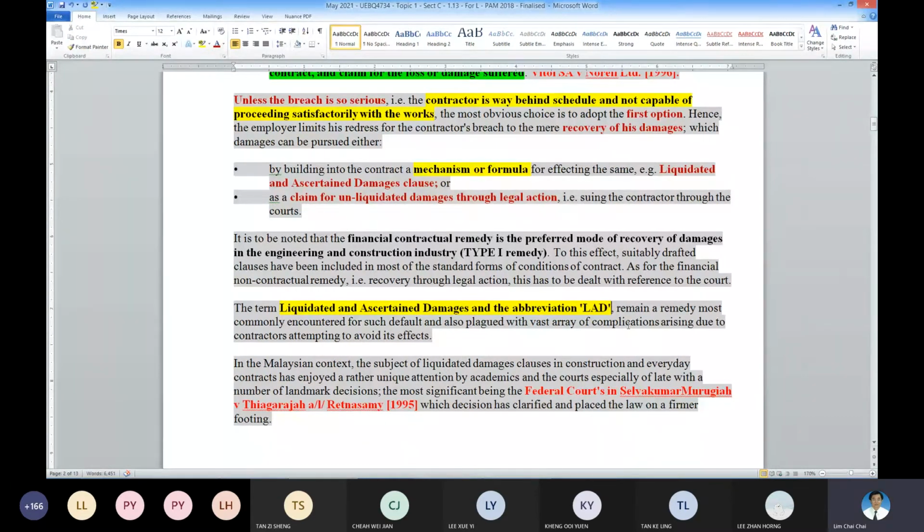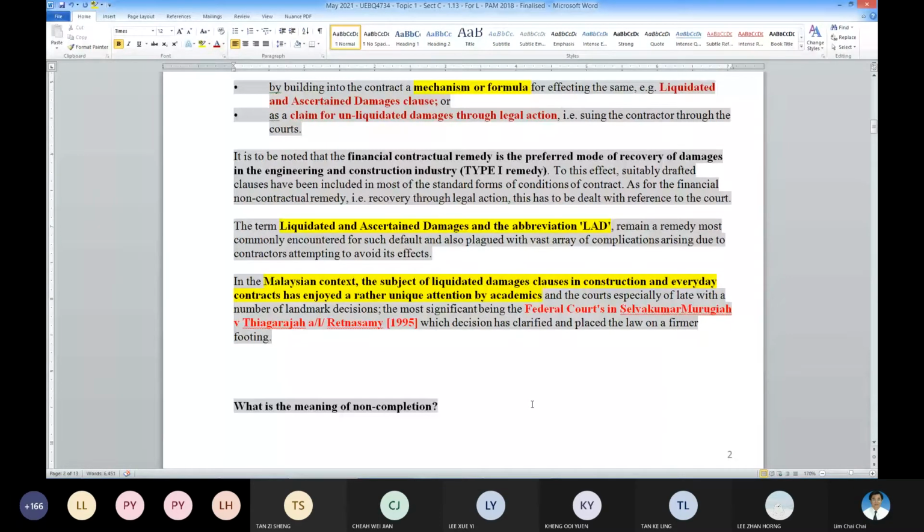So in Malaysian context, it's very interesting because ours is slightly different from other countries. Because LD is the damages that is already pre-computed, pre-calculated, a pre-known figure. If there is a default, that is the LD.